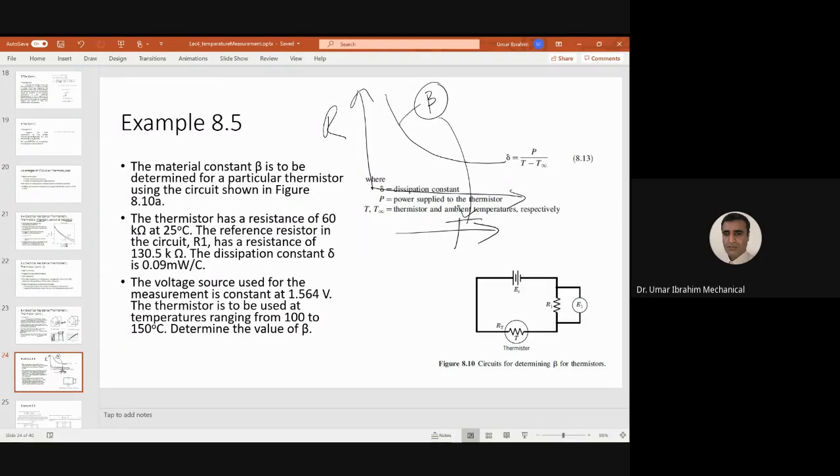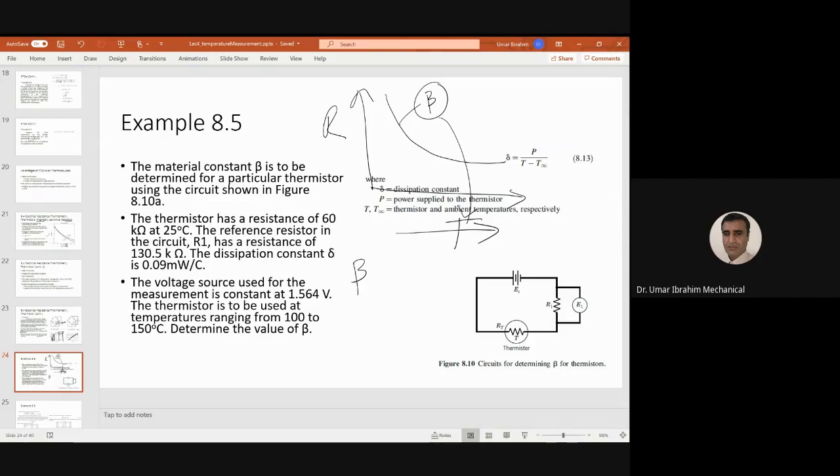Okay? In this example, we will do some calculations. We will be given a thermistor, and we will use that thermistor and perform an experiment and find the beta value for that single thermistor at different temperatures.